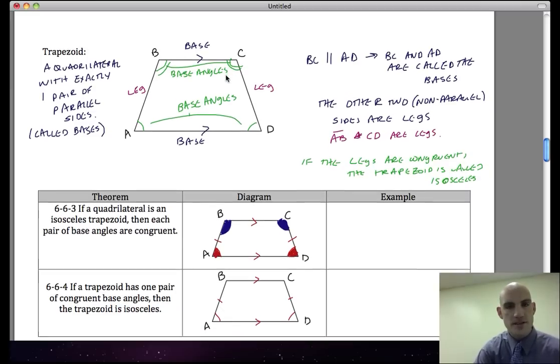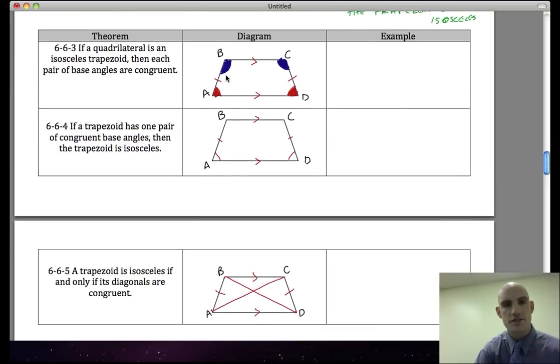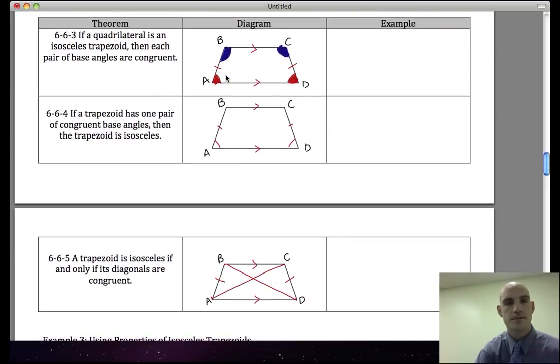If we talk about base angles, and we talk about isosceles trapezoid, if a quadrilateral is an isosceles trapezoid, then each pair of base angles are congruent. So, because this is an isosceles trapezoid, it has two congruent legs, then we can say angle B is congruent to angle C, and angle A is congruent to angle D. So isosceles trapezoid is just like an isosceles triangle.